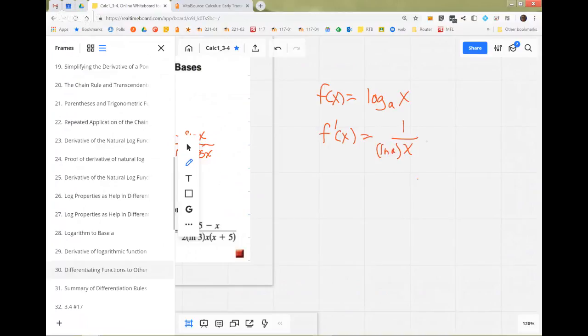So when you do the derivative of the natural log of x, that means basically the log base e of x. These are the same thing. And if you follow the rule up there, the answer is 1 over x times the natural log of e. And what's the natural log of e?